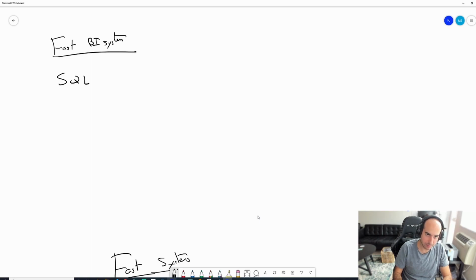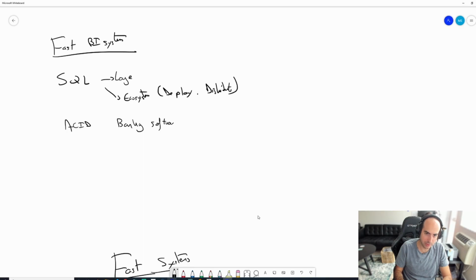There's a language, but also an ecosystem around it where you can deploy, distribute, and do whatever you want. SQL works under the ACID constraints, which basically make sure that your data is there when you commit it, and it works great for stuff like banking software, for example, and when you need to edit stuff.